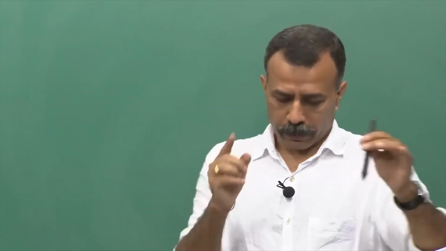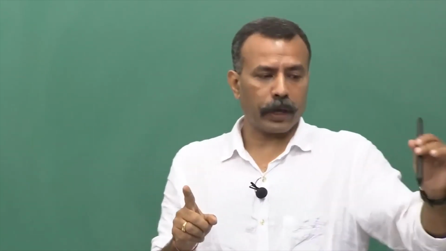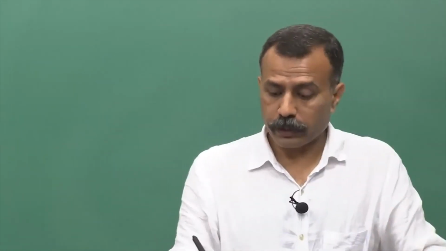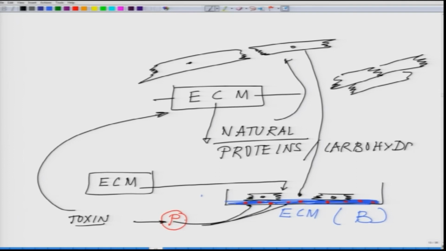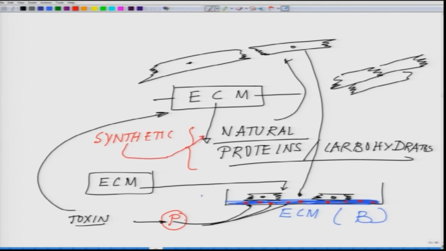Or say, for example, we start predicting that these are natural ECM, which consist, as I have mentioned, of proteins and carbohydrates. Now, I have a synthetic molecule, a synthetic analog, which exactly mimics a natural analog.